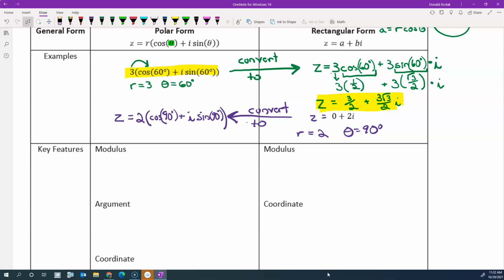And there it is. That guy went right there. And this guy went there and there. Okay, almost done.